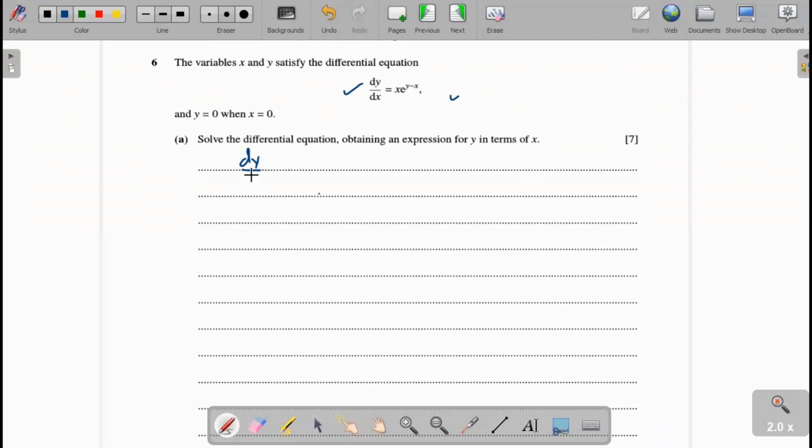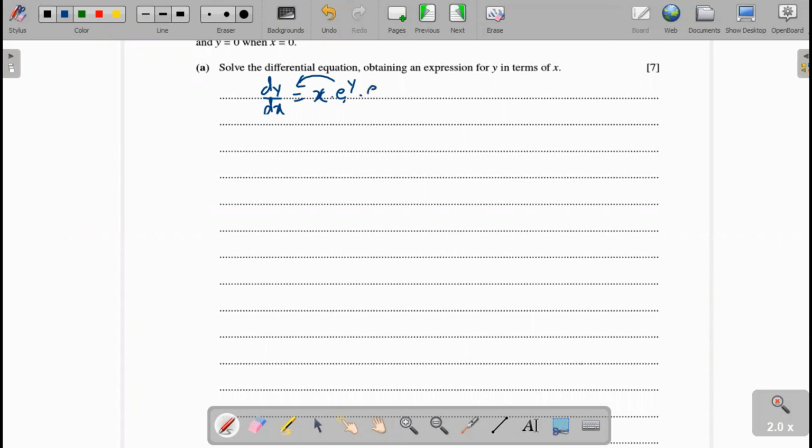So dy over dx is equal to, in the right hand side, x into e power y into e power minus x. Now we shift the terms having variable x to the right side, x into e power minus x dx, and the term having variable y to the left side.